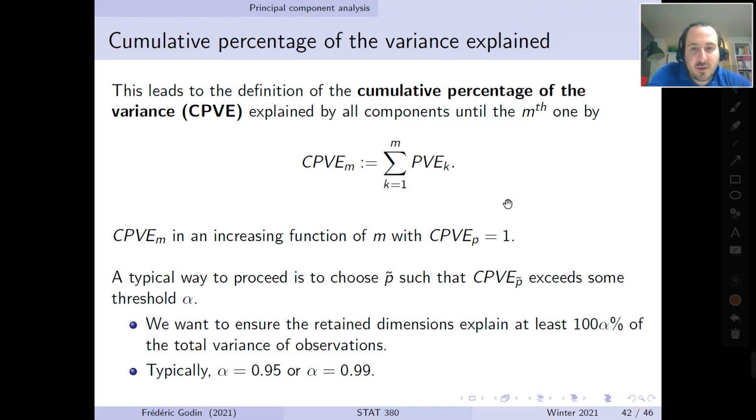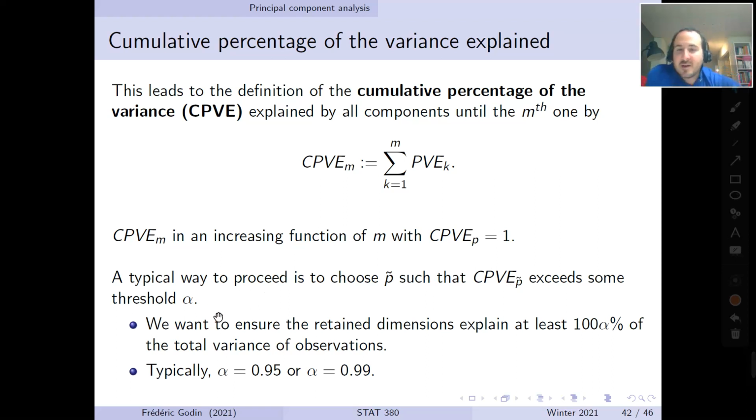So a typical way to proceed to choose p tilde is to select p tilde such that the cumulative percentage of variance explained by the first p tilde predictors in the new data set exceeds some threshold alpha.